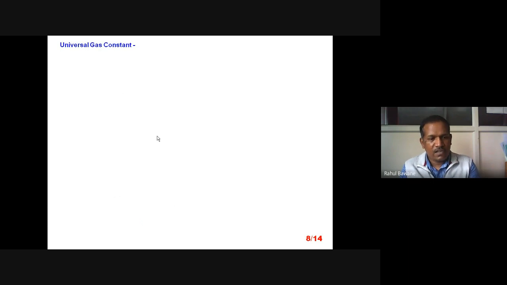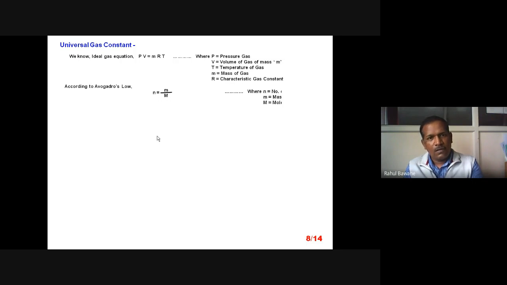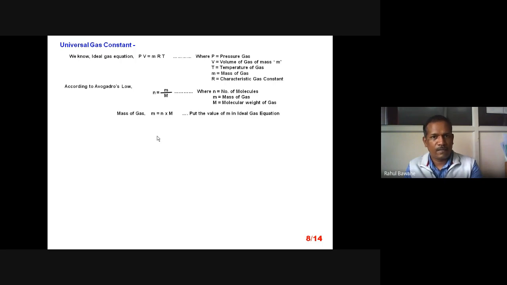Now there is another term, that is the universal gas constant. So we know the ideal gas equation PV is equal to MRT, where V is the total volume. Now according to Avogadro's law, the number of moles is mass upon molecular weight of that particular gas.